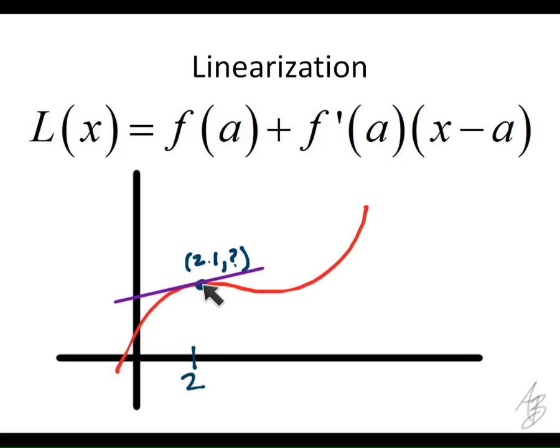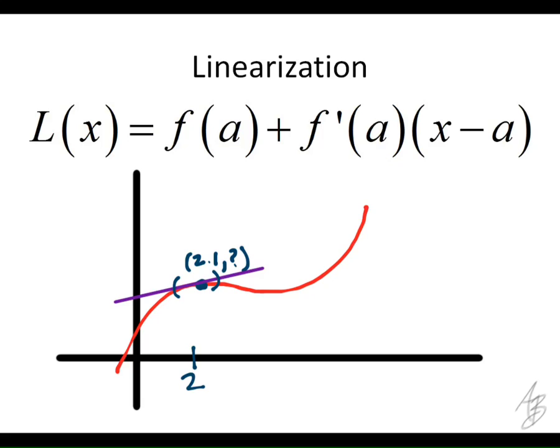In fact, because of the width of the lines and the curve, they still overlap here. So at values close to 2, this tangent line is going to have values really close to the function. So within a small region, that line and that curve are going to be essentially the same thing. Does that make sense?